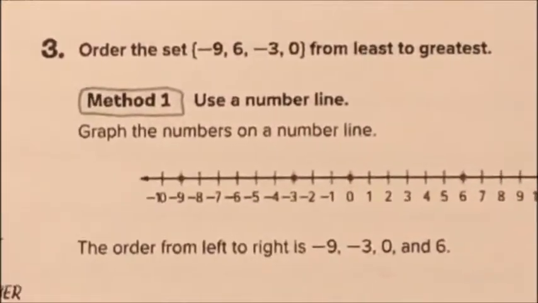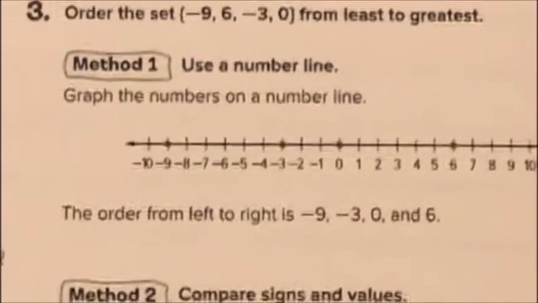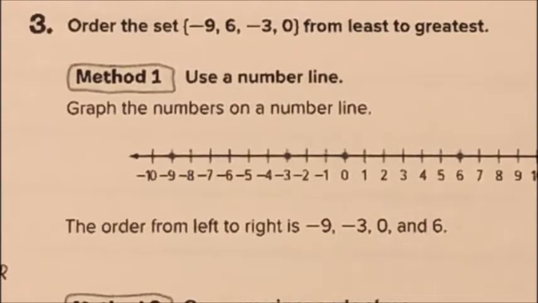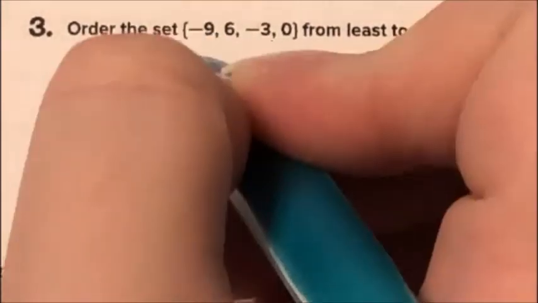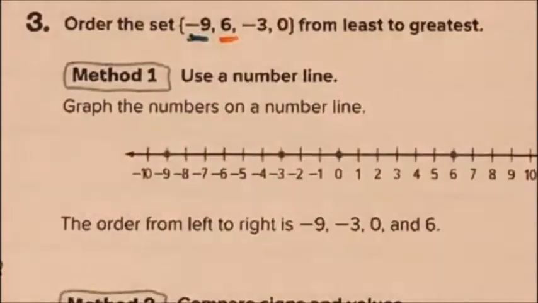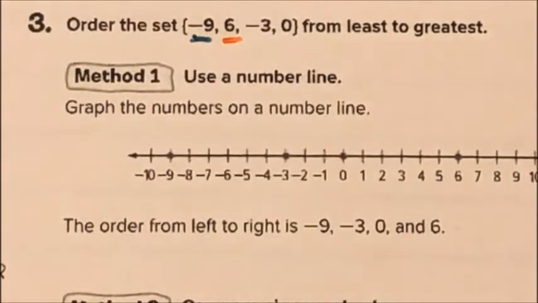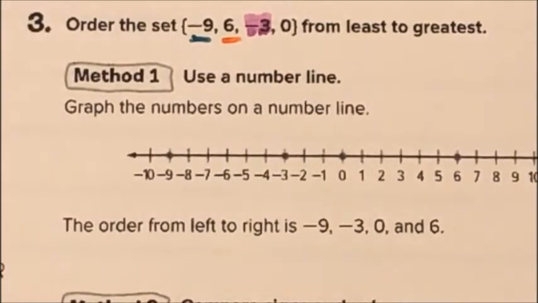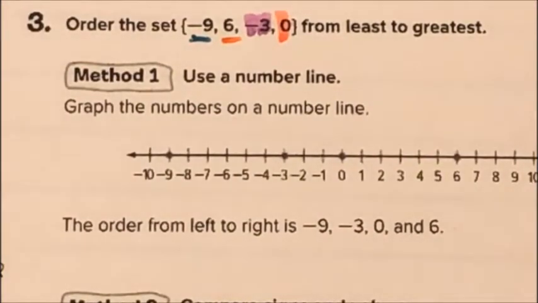Number 3 says order the set -9, 6, -3, and 0. So I have -9, 6, -3, and 0. Okay? So method 1, I can use a number line, and I'm ordering them from least to greatest. So smallest to biggest. I'm going to graph each of these on a number line.